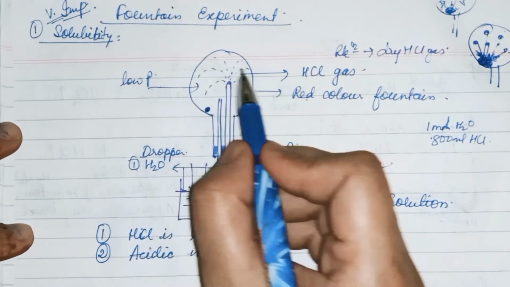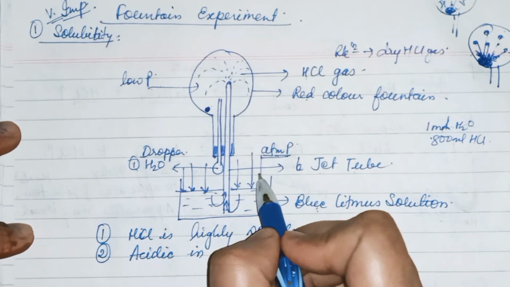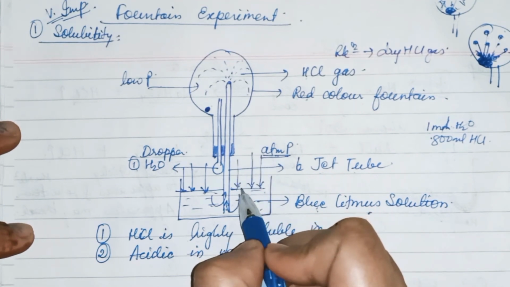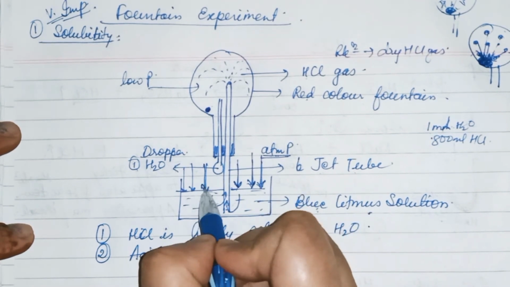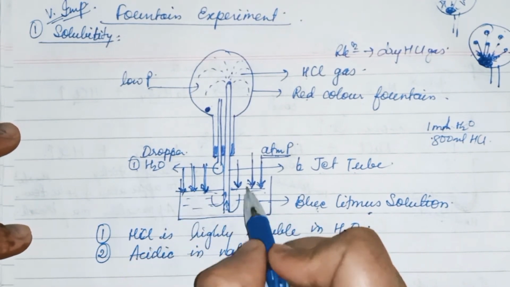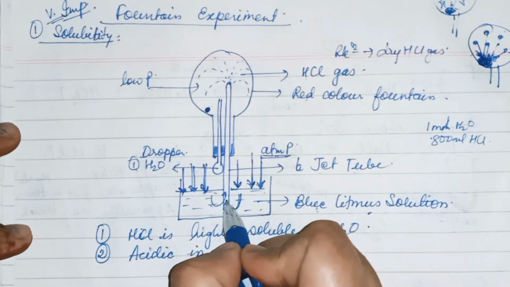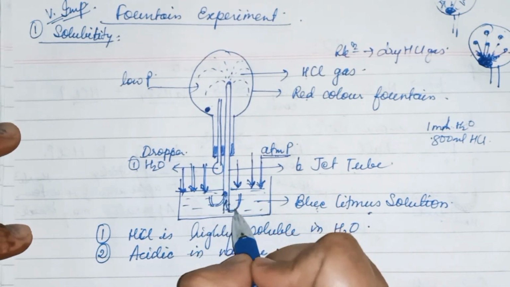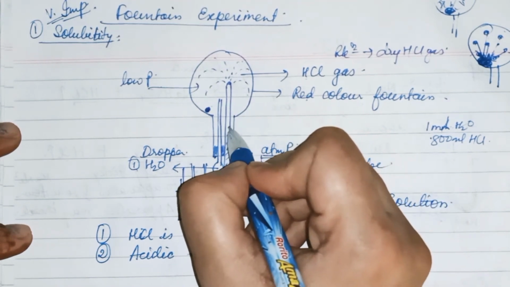So this atmospheric pressure will now act on the surface of the litmus solution. See, it is acting like this. It is applying pressure on the litmus solution, and at that moment the litmus solution will start rising up in the jet tube.